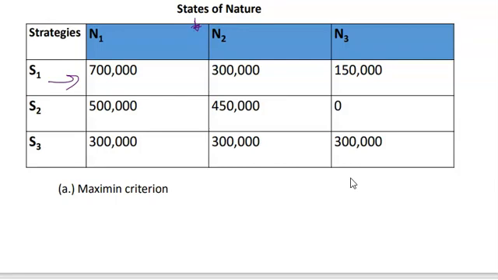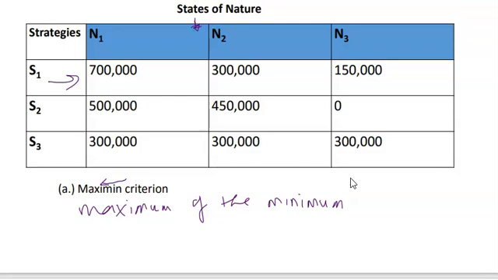Now, the criterion we are considering first is the Maximin criterion. That means the maximum of the minimum. Our advice is this: first, get out the minimum. Get the minimum values first.